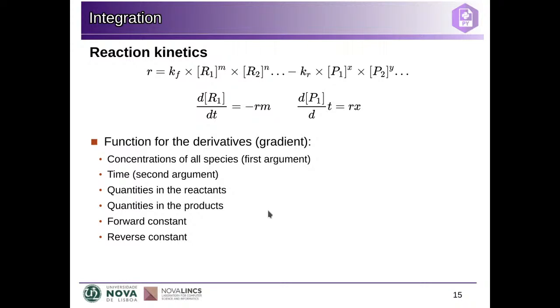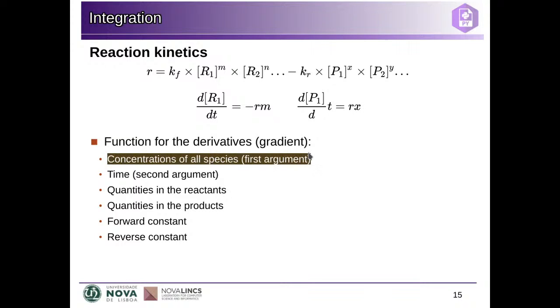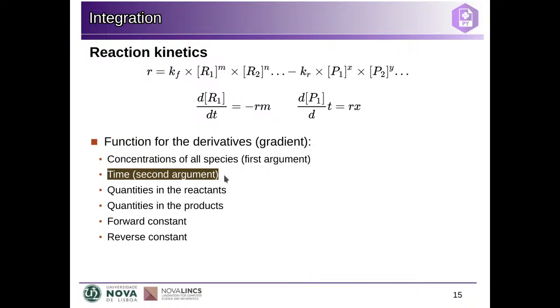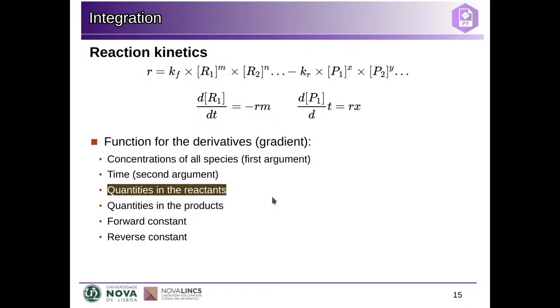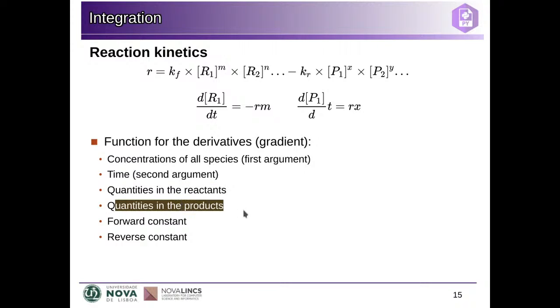And now if we want to generalize this and model any chemical reaction, we need the concentrations for all the species. This will be the first argument for our function. We need the time we want to compute these derivatives at, the quantities in the reactants and the products, so all these stoichiometric coefficients, and the constants for the forward and reverse reaction.